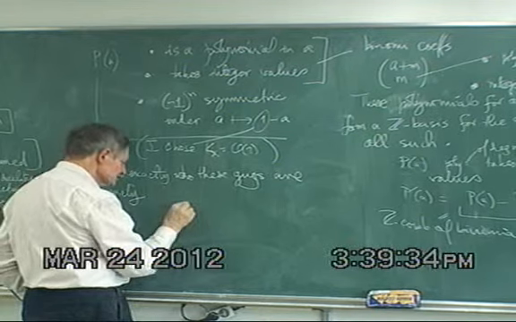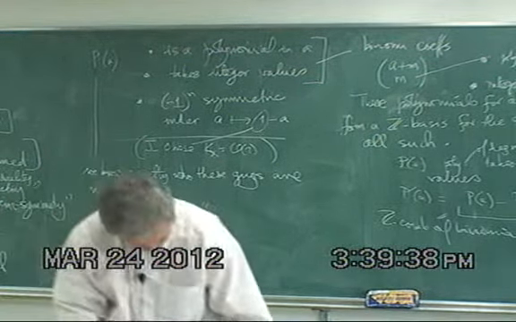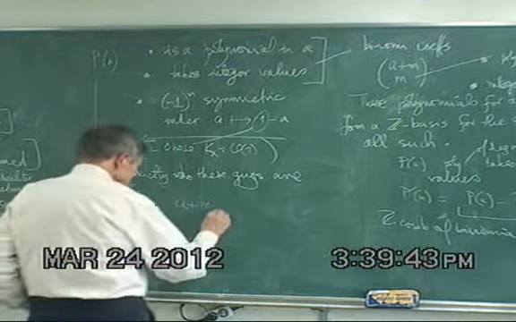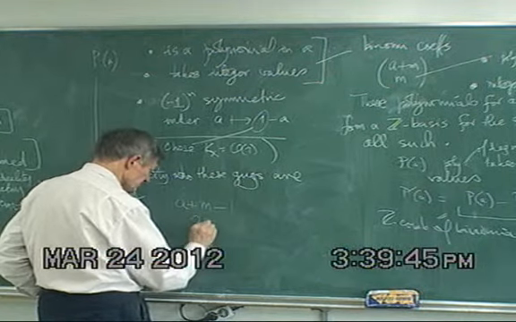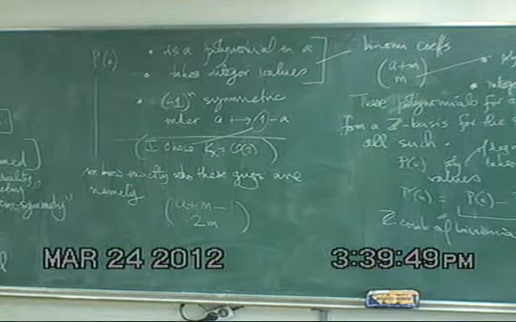So if I take A plus M, I think it's A plus M minus 1, choose 2m.